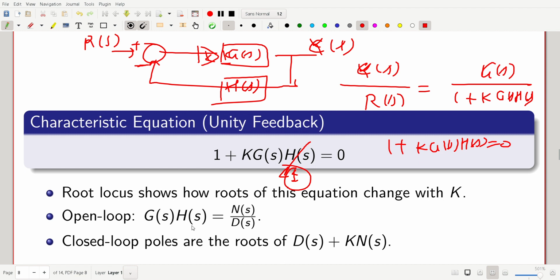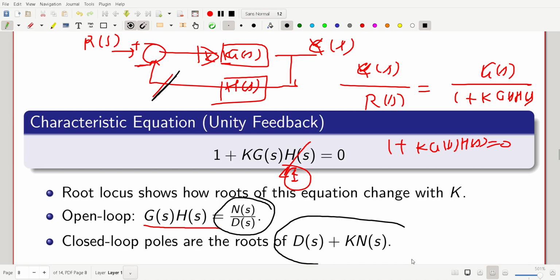This is the open loop: if you cut the feedback, G(s)H(s) is a numerator by denominator.